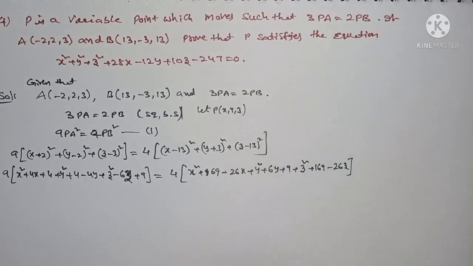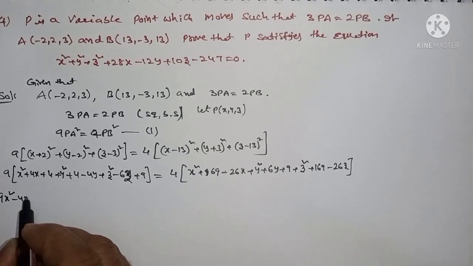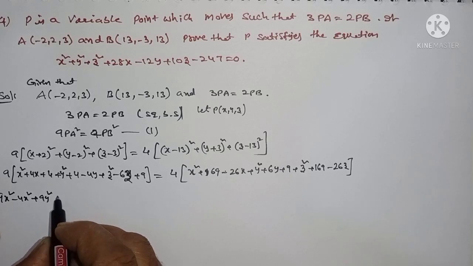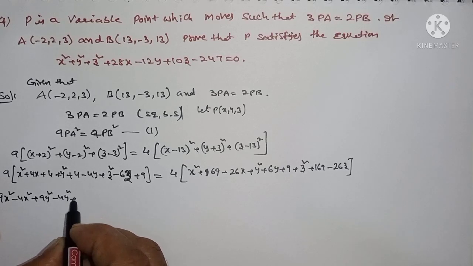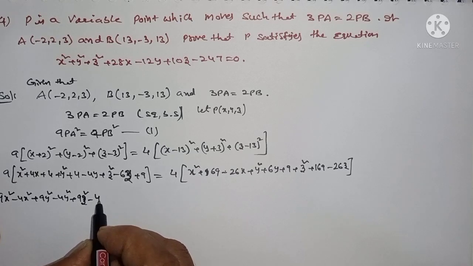You can simplify: 9x square minus 4x square, 9y square minus 4y square, 9z square minus 4z square.